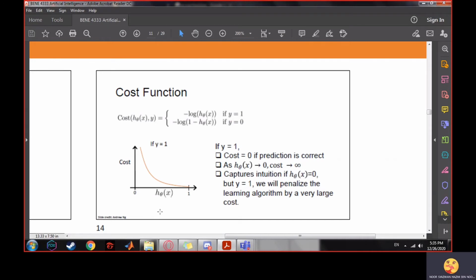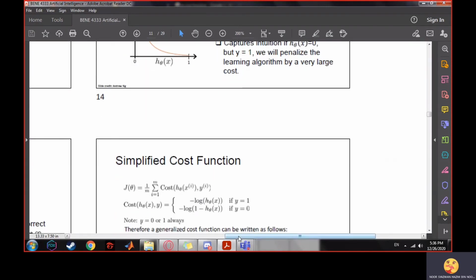On the other hand, in the opposite direction, as h of x goes to the value of 0, the cost becomes larger, and it may go up to infinity as it draws closer to 0. It means that we have to penalize the algorithm with a very large cost when there is an error.